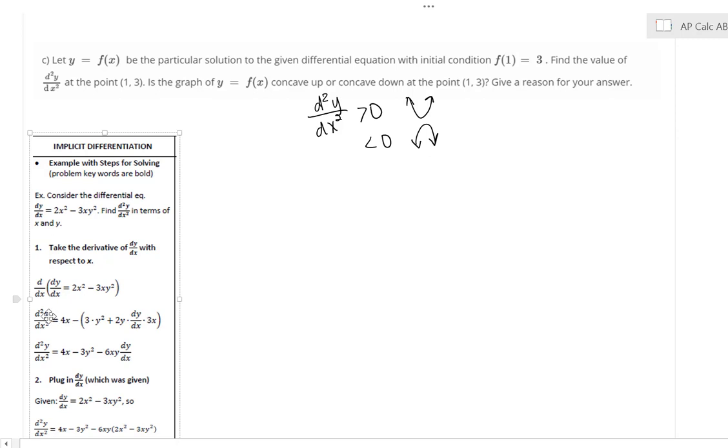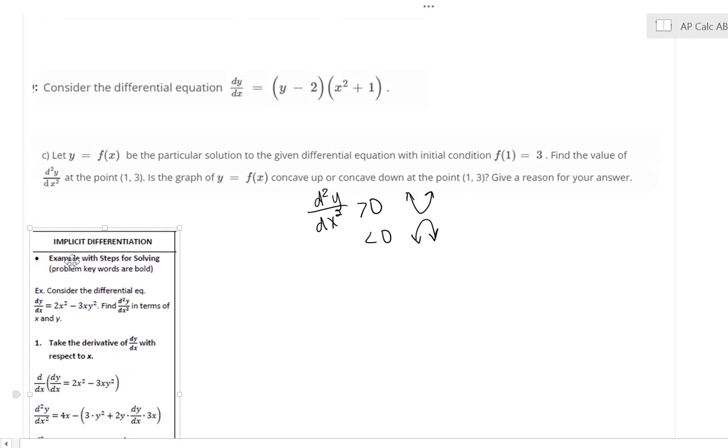I see right here that it's asking for my second derivative. So let's start to get that done. We know that dy over dx equals y minus 2 times x squared plus 1. Now I'm also given another condition here, this initial condition of f of 1 equals 3.